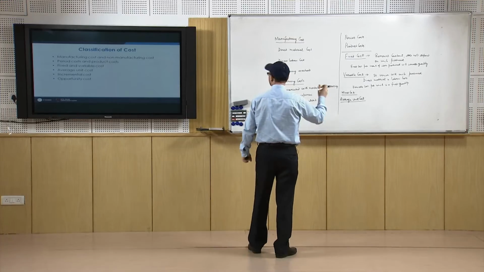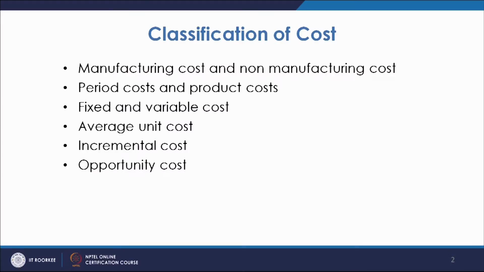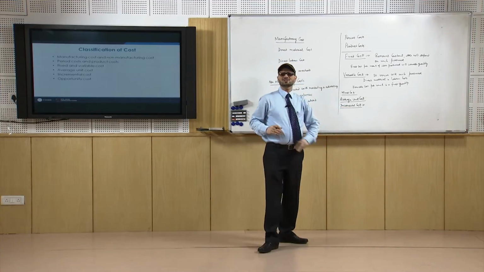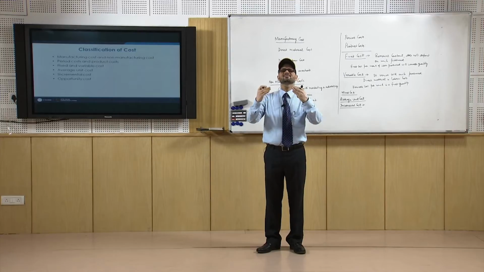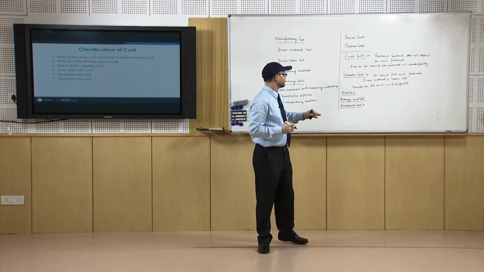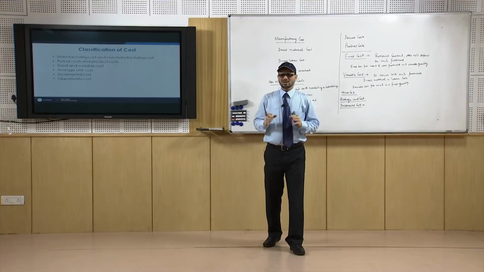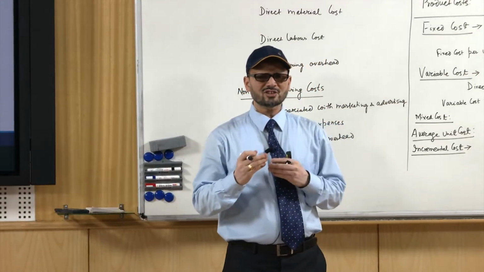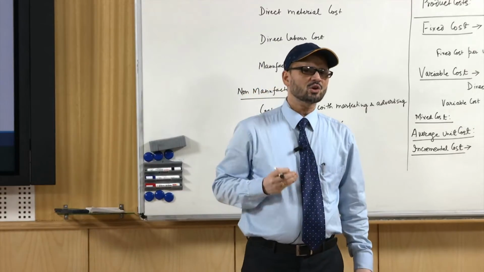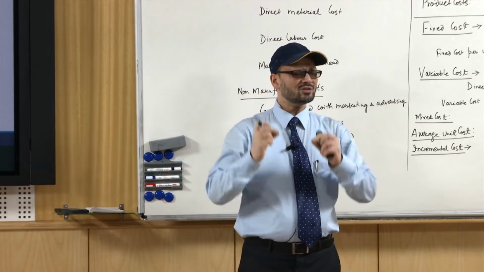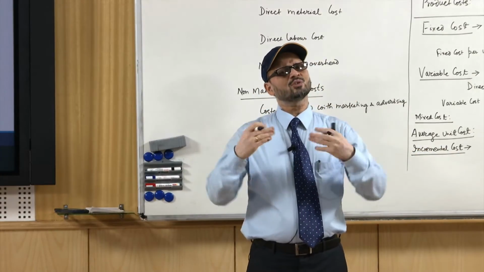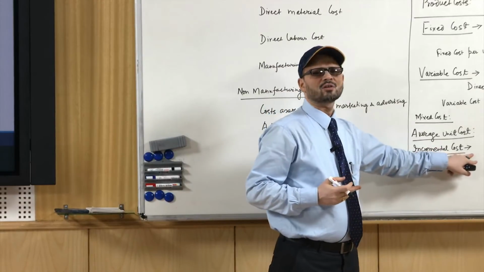Now, you have another cost, that is incremental cost. There are different names for this; you can call it differential cost also at some point. This cost refers to the cost when you try to increase production by a unit quantity. The amount of cost you incur for producing one extra unit is known as incremental cost.